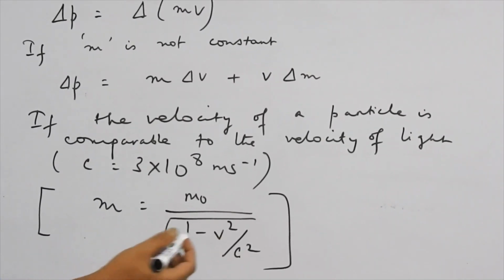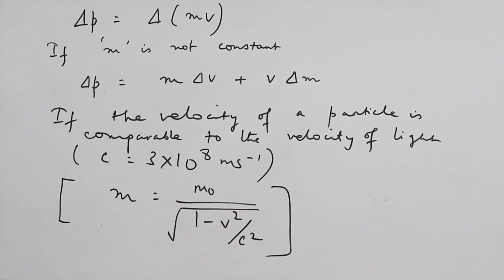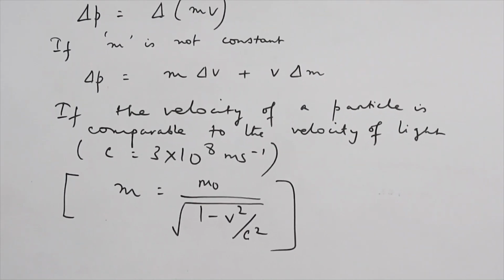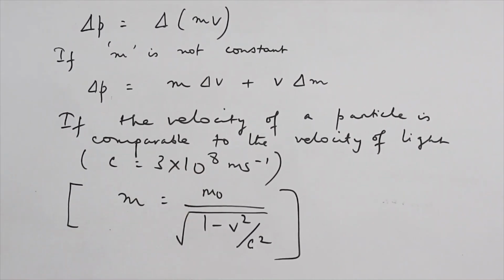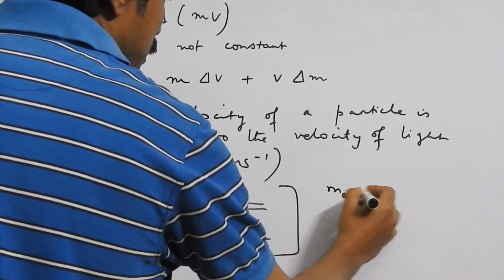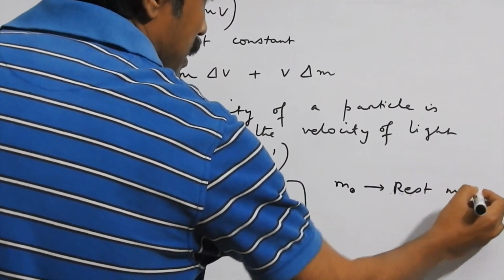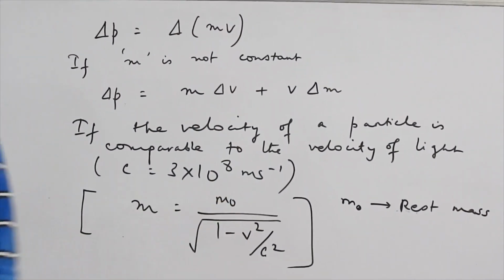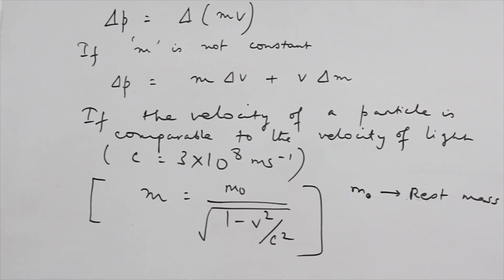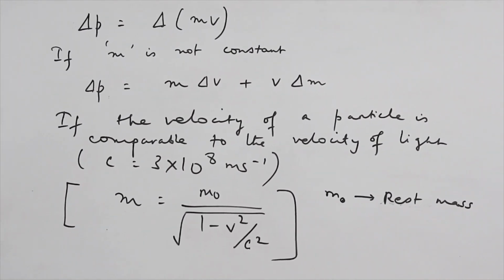If the velocity of the particle is very close to the velocity of light, then the mass of the body increases with increasing velocity, and it is given by this expression. Here m0 is called the rest mass. That means it is the mass of the particle when it is at rest, and when it is at velocity v, its mass is m. Now this is much beyond the scope of our syllabus, so we will not discuss this anymore.